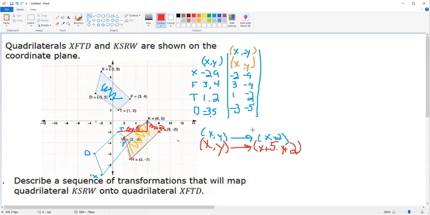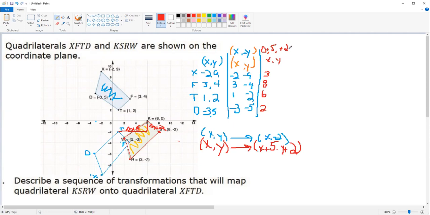I wonder what happens if I do delta 5. Oh wow. Plus 5 and plus 2 to each one of these, X and Y. All right, so it's going to be 3, 8, 6, and 2.